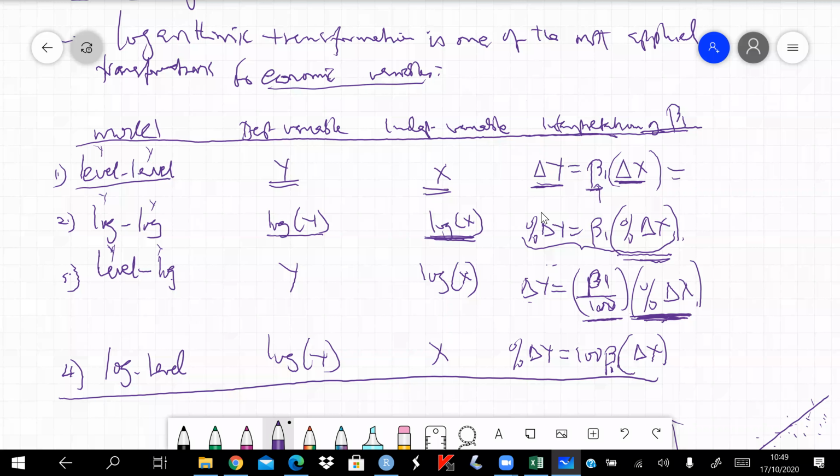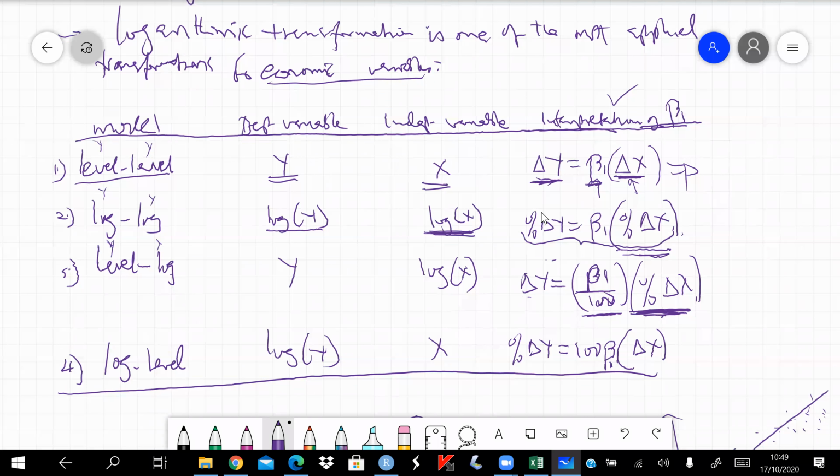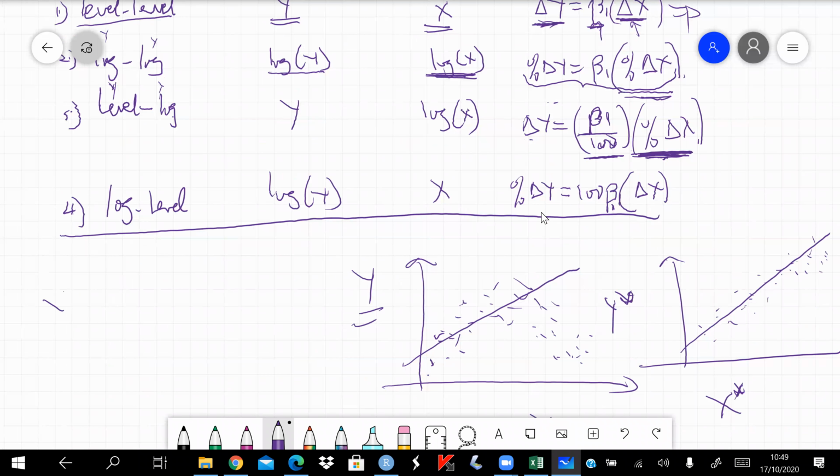Here the interpretation of beta1 is that for every unit increase in the value of x, the change in y is equal to the value of beta1. For instance, in our example, what were the values of beta naught and beta 1?